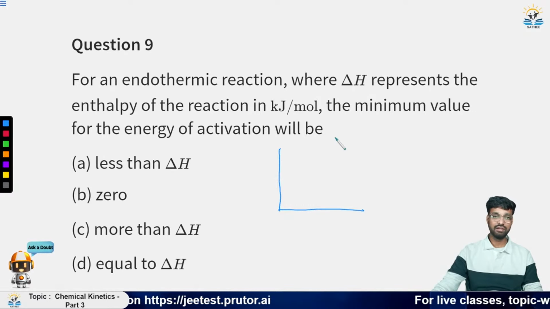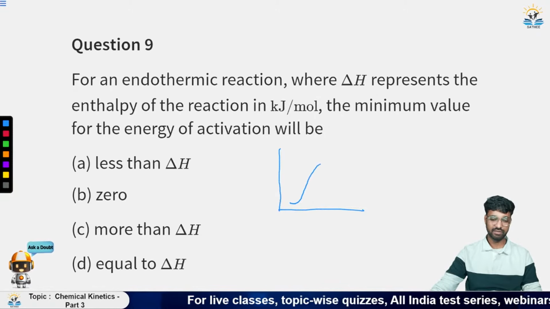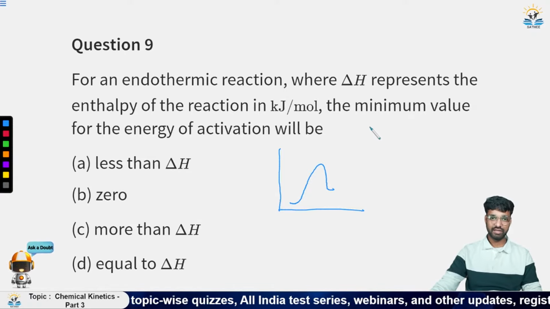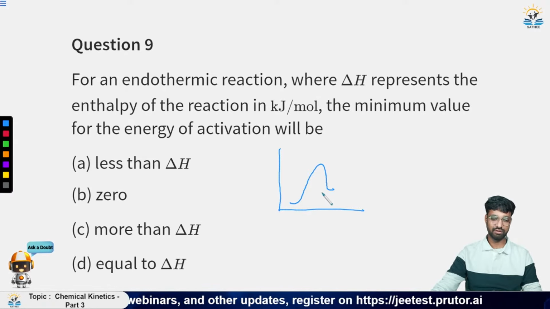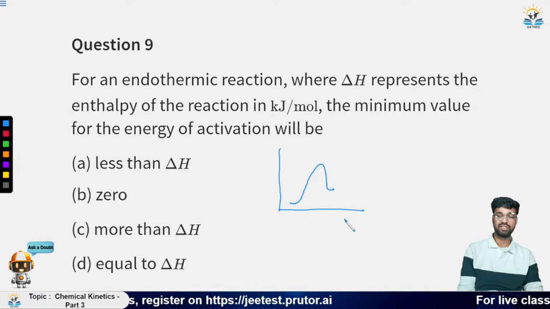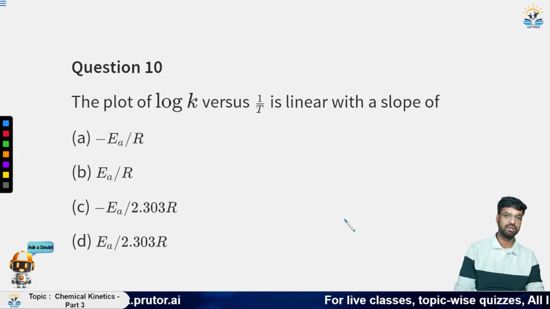Since it is an endothermic reaction, the reactant will be at lower energy than the product. We have to find the minimum value of the energy of activation. You will do it by yourself, because it's a theoretical question which will give you the answer in one sentence only if you know the concept.